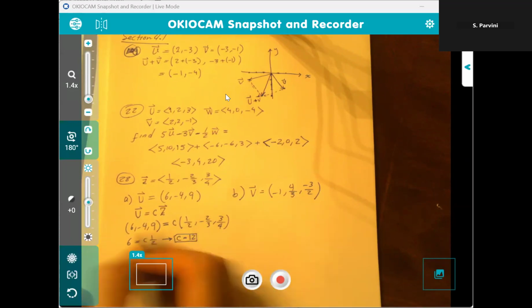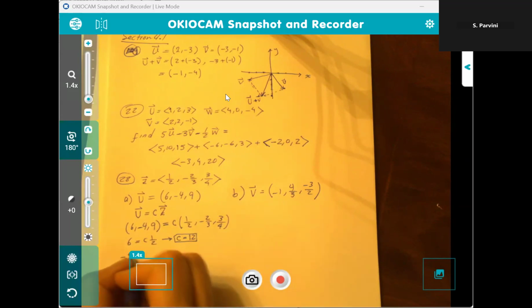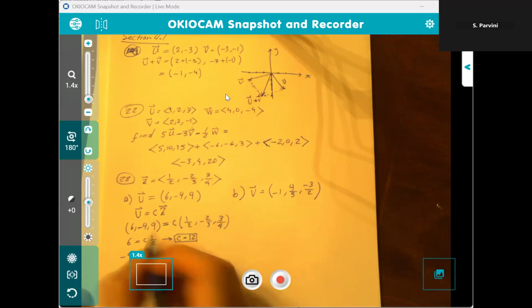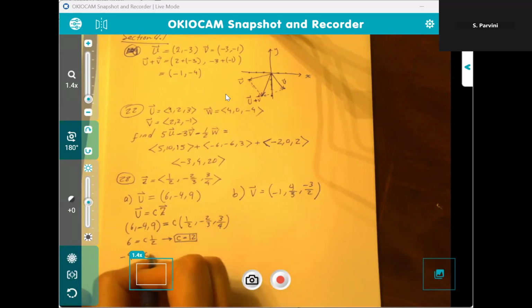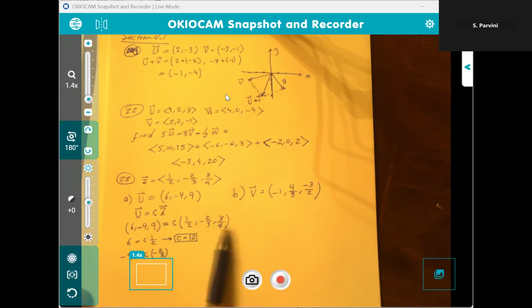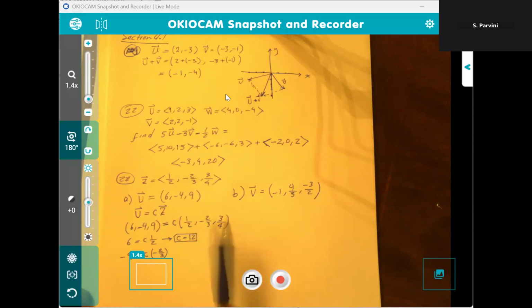Let's match the second component. The second components are negative 4 for u, and for z, the second component is negative 2/3. Now remember, c is the same constant that multiplies all three components. We don't have a separate constant for each of them. It's got to be the same constant that distributes to every one of them.